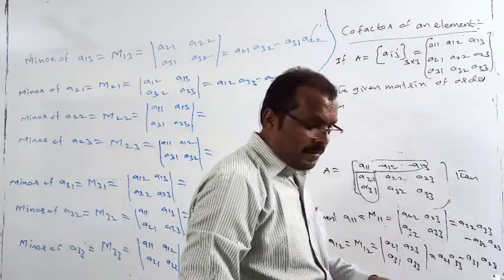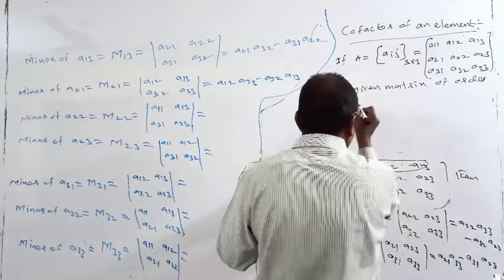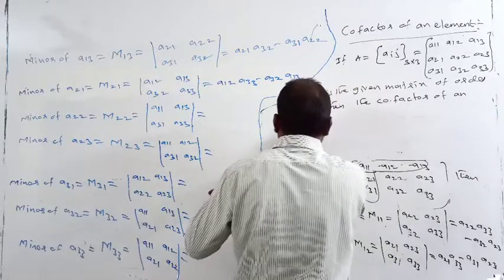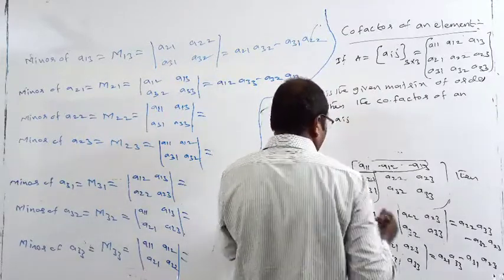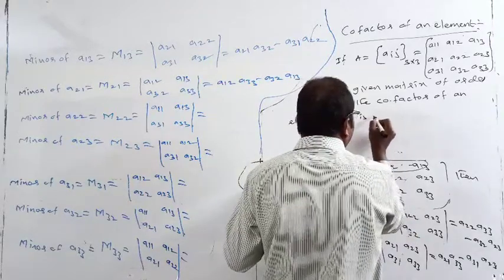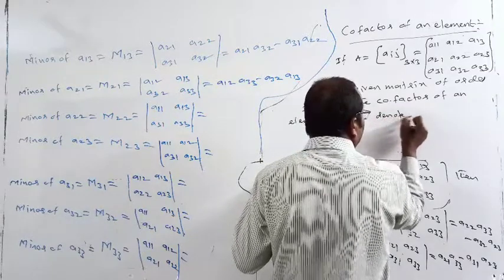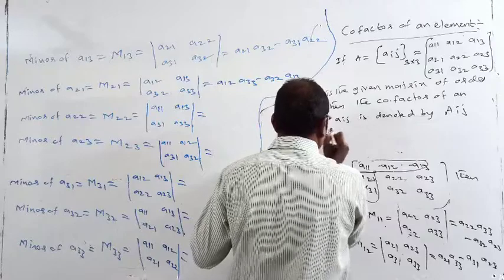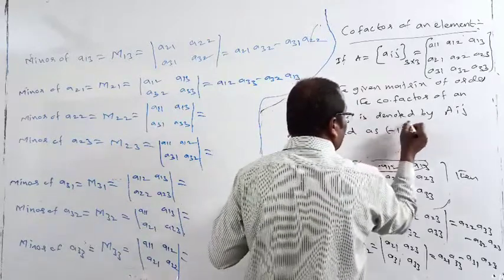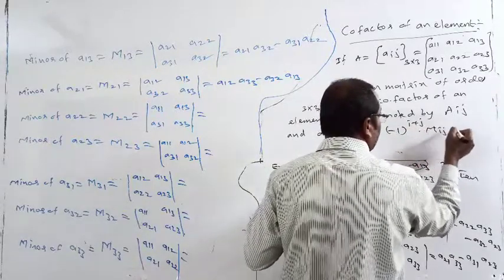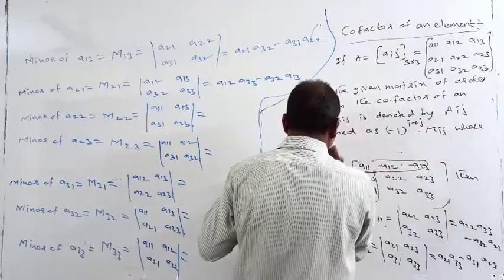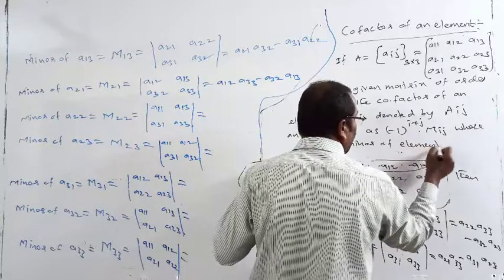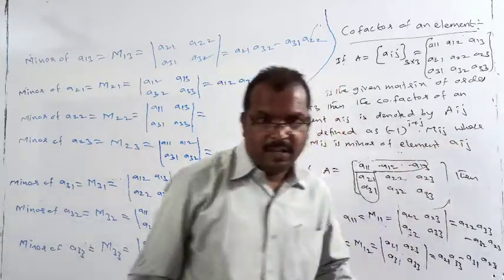Then the cofactor of an element aij is denoted by capital Aij and defined as minus 1 whole power i plus j into Mij, where Mij is the minor of element aij.